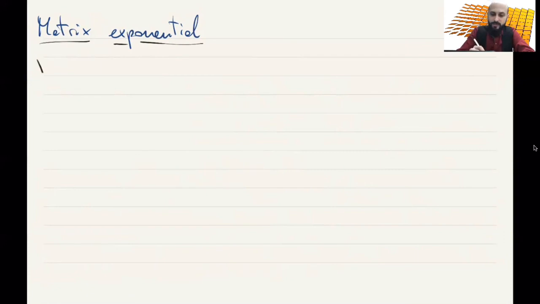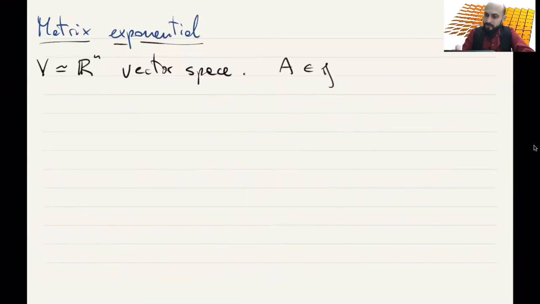Now I will do it just abstractly, not really writing the dimension n of the vector space. Suppose you have a V, a vector space, and I fix an element A in GLV, which, if you identify, is just saying fix an n by n matrix.